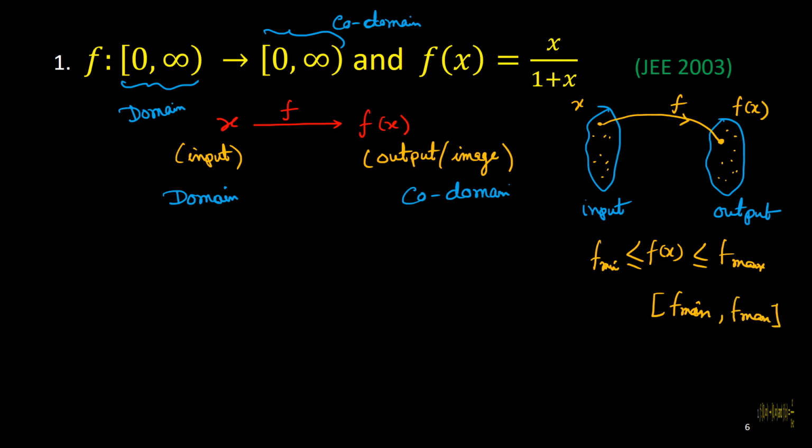This interval we will call the range. If the range covers the entire codomain, then it is called onto. For onto, the requirement is that this range should be the same as the codomain.